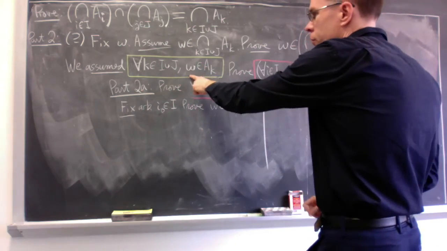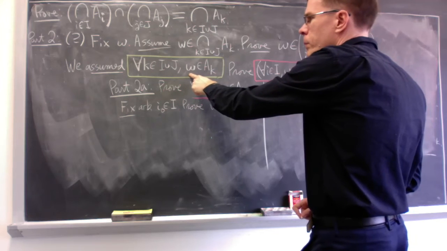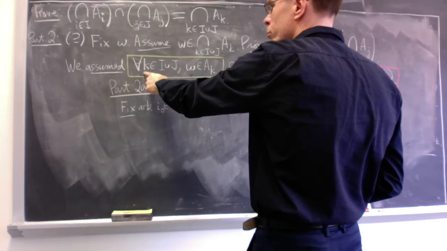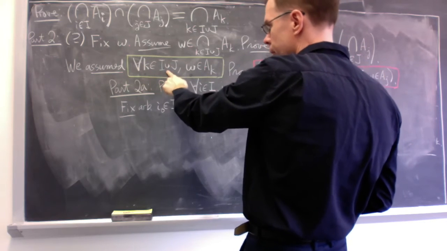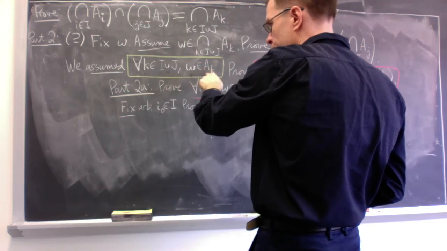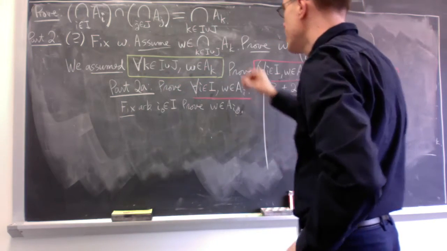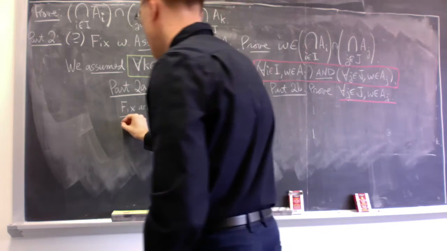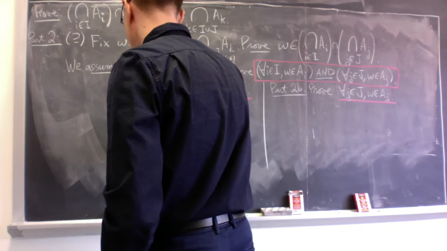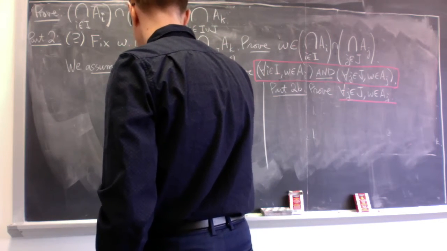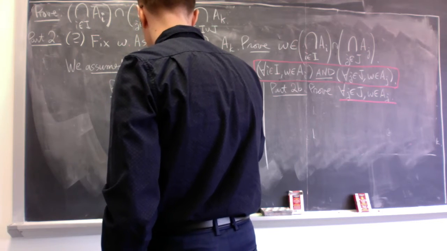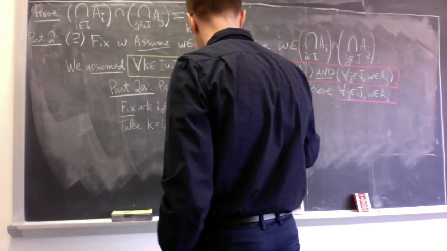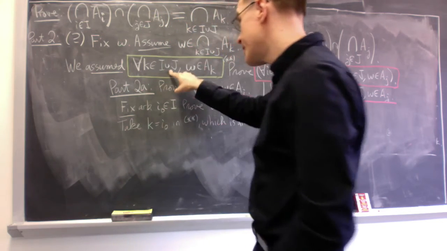Well, we have to use the assumption here, okay? And okay, so this is a known universal statement, true for every k in this union. We get information about w being in A_k. Okay, I guess I want to call it double star, again, just for reference. So take k equal i naught in double star, which is allowed. You can't just do anything. So got to be something in here.